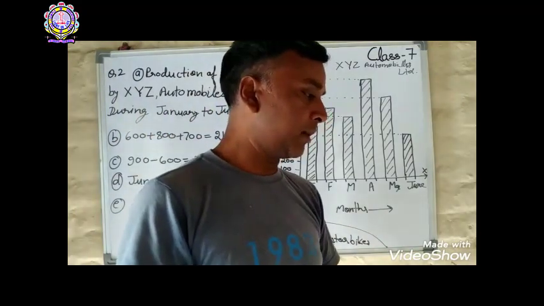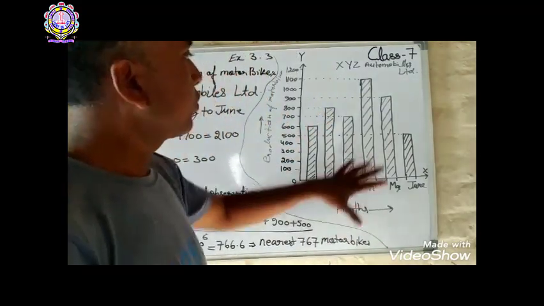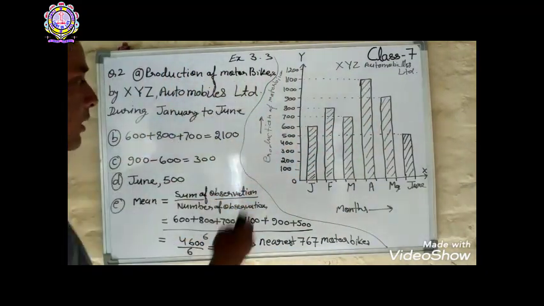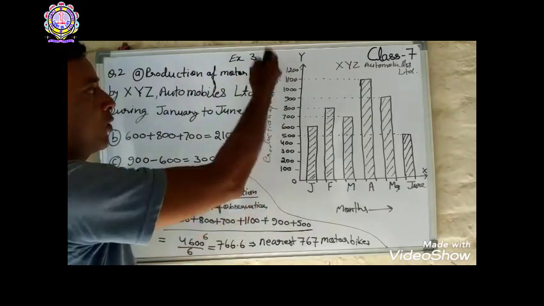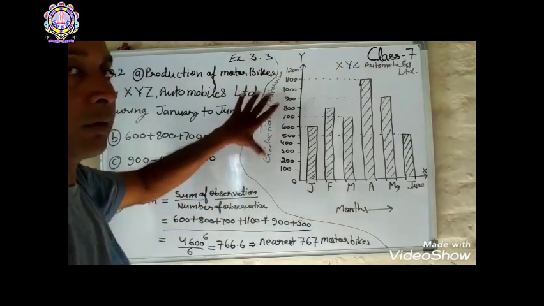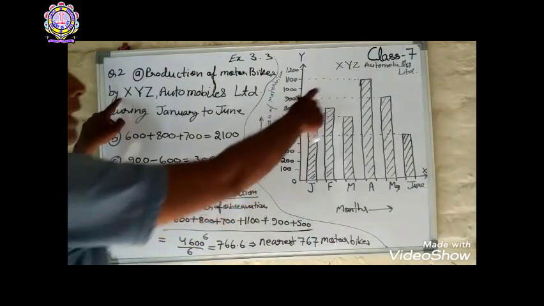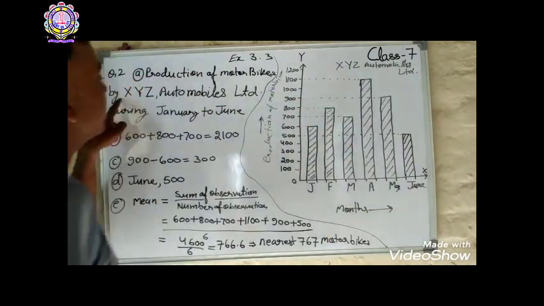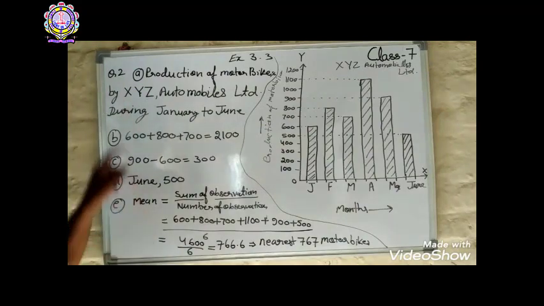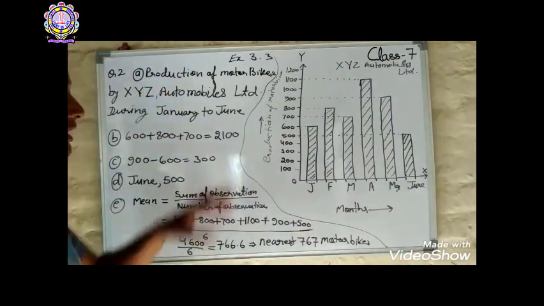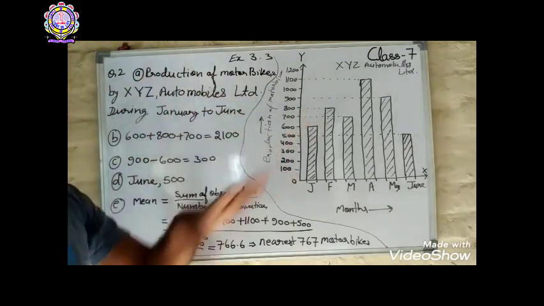What information does the bar graph depict? Production of motorbikes. This is also given in your bar graph. By XYZ Automobiles Limited Company during January to June. This information we get from the bar graph.